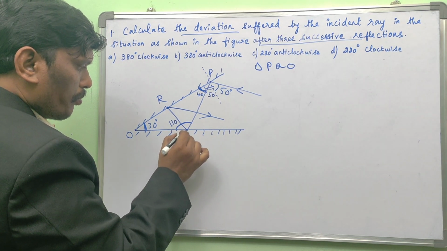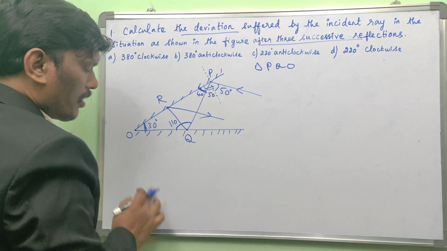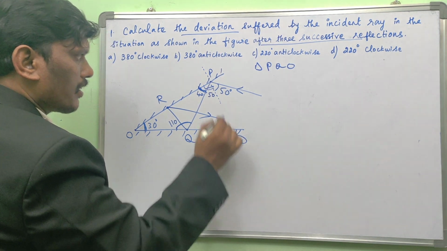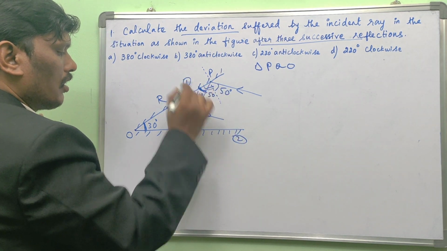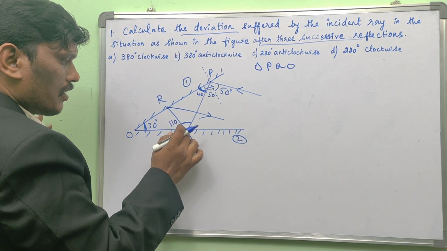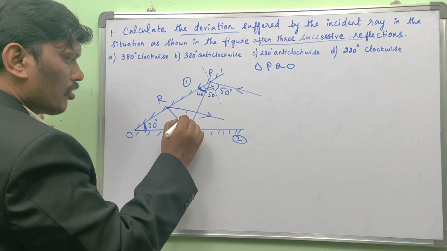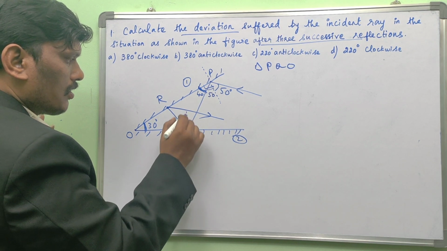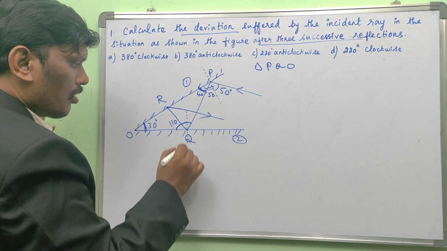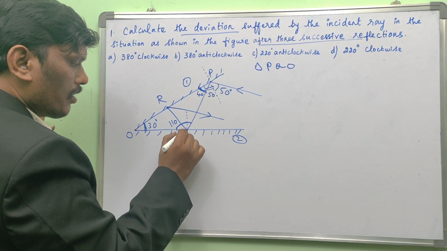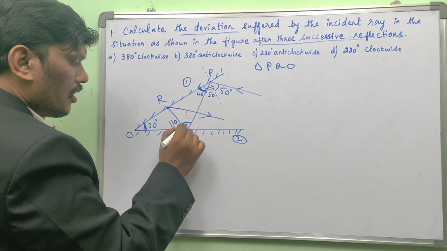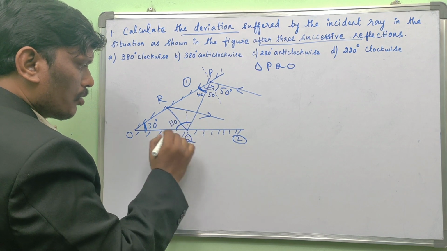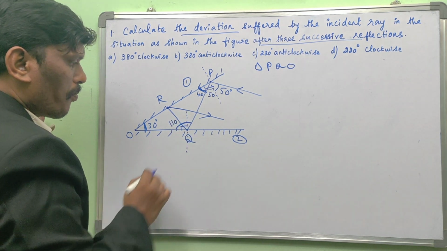This is the point of incidence on the second mirror. This is the second mirror, this is the first mirror, of course. At the point of incidence, I'm going to draw a normal. This is the normal drawn at the point of incidence on the second mirror. So the normal to the second mirror makes 90.